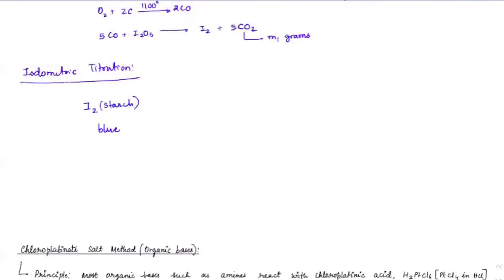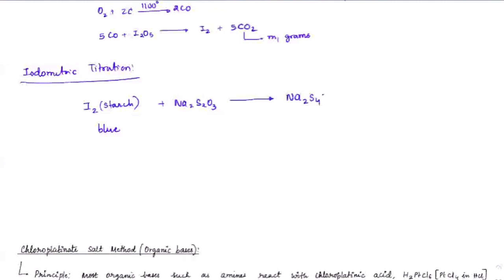That iodine which got precipitated, I will add starch to that, so it will become a blue iodine solution, and when you treat with hypo, Na2S2O3, it will estimate the amount of iodine present, because it will become a colorless solution after this titration and forms Na2S4O6, sodium tetrathionate, plus 2 NaI.